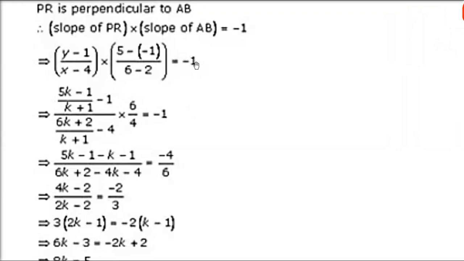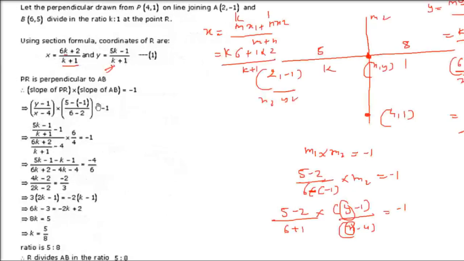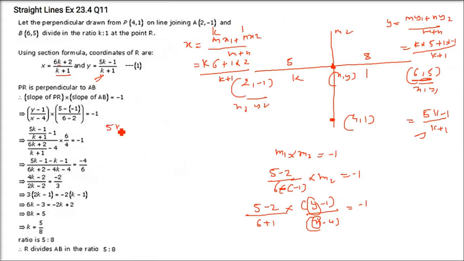Now I'll do it. So this is m1 m2 equals minus 1. Now this is 6 by 4, (5 minus 4 minus 1) by (6 minus 2). 6 by 4, that is 3 by 2. So (5k minus 1) by (k plus 1), so minus k minus 1 by k plus 1. And then in the denominator you have (6k plus 2 minus 4) by (k plus 1).